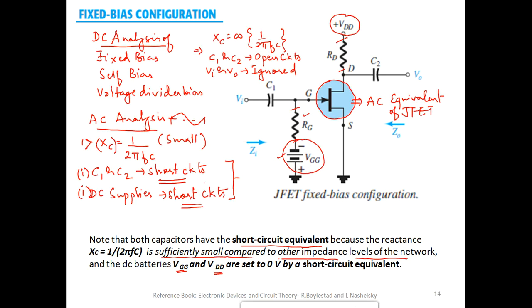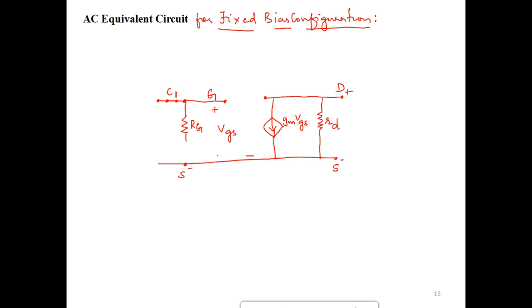We have seen that for AC analysis, wherever there are DC supplies, replace them by short circuit. So I'll just replace it by a short circuit, and that is VGG. Fine, so that's our input Vi. So we are done with the input side.